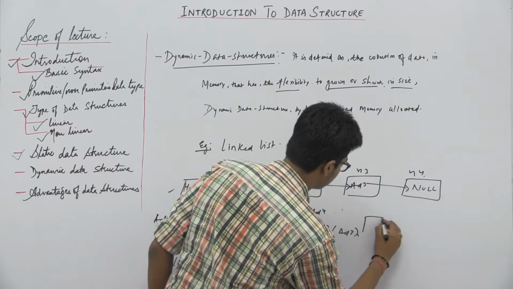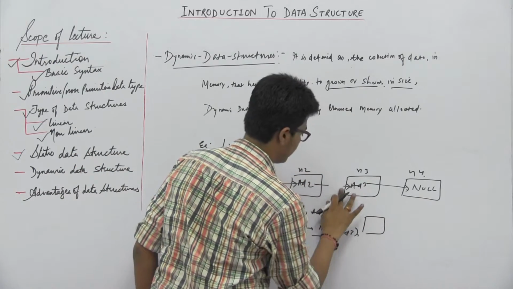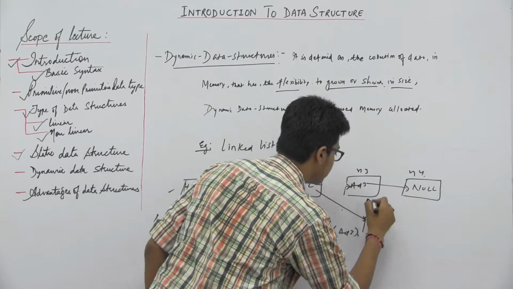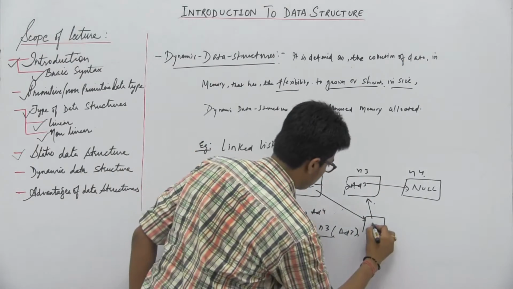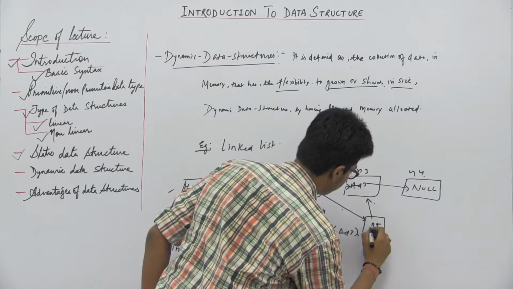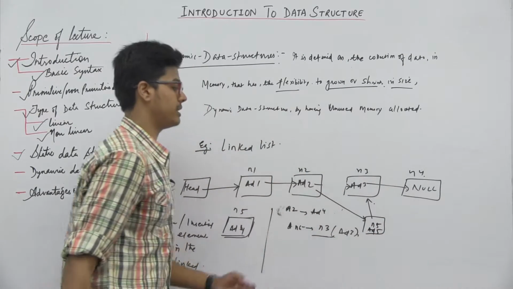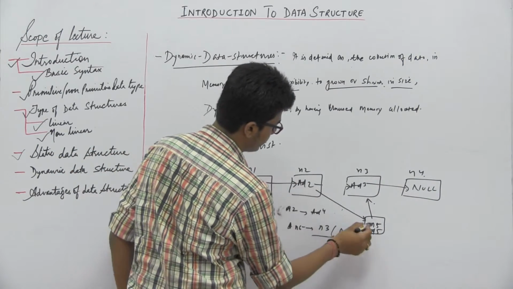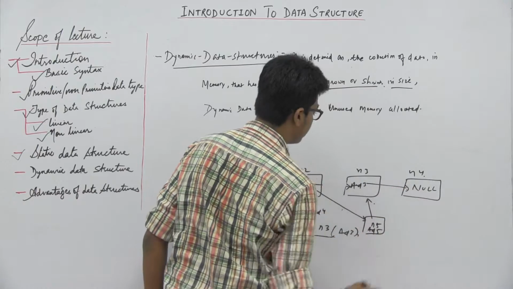Like this we introduce this data. So first this arrow, this link, goes this way, and this node 5 holds the address of node 3. So now the link is like address 2, address 5, then address 3, then null.